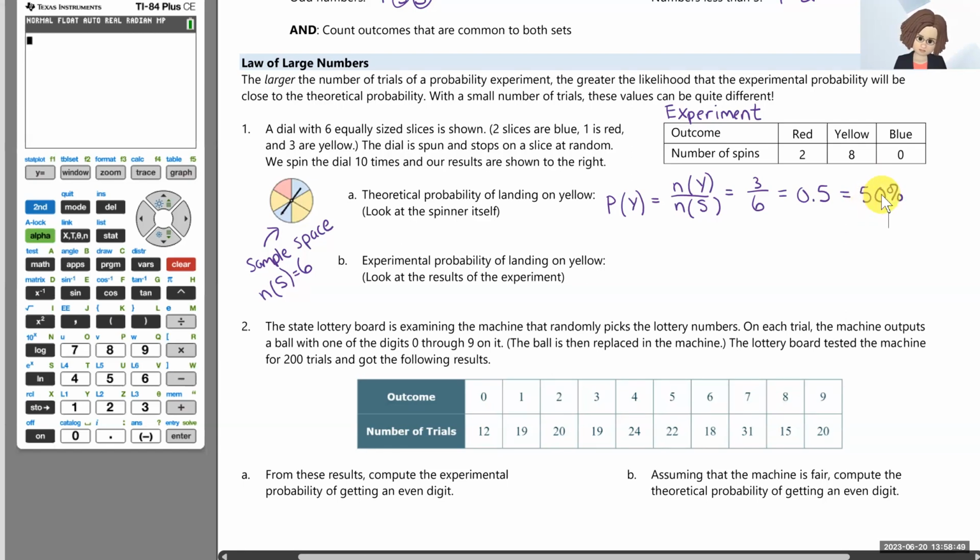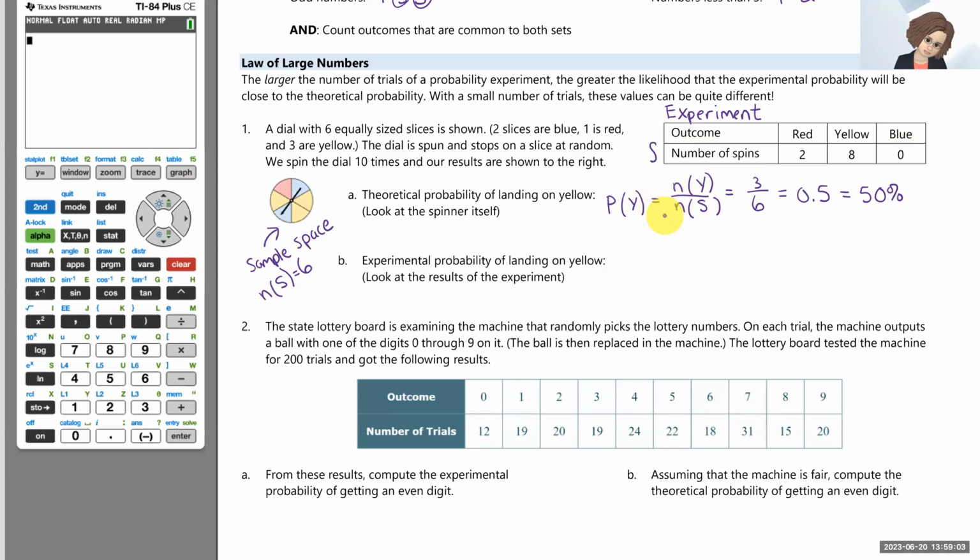So let's take a look at what we did here with our experiment. The number of spins that we had: 2 landed red, 8 yellow, and 0 blue. So that number of spins is representing the frequency of each of the outcomes, f. And in total, if you add the total, that would be 2 plus 8, 10 spins.